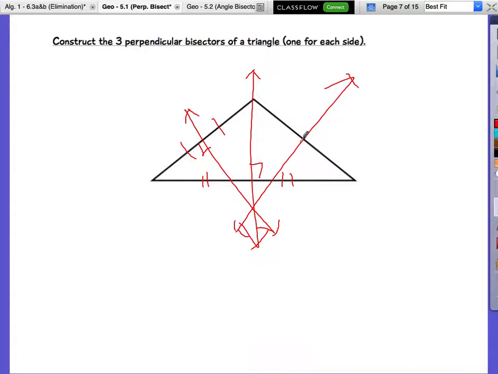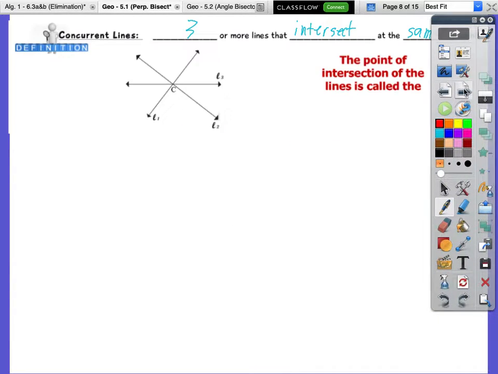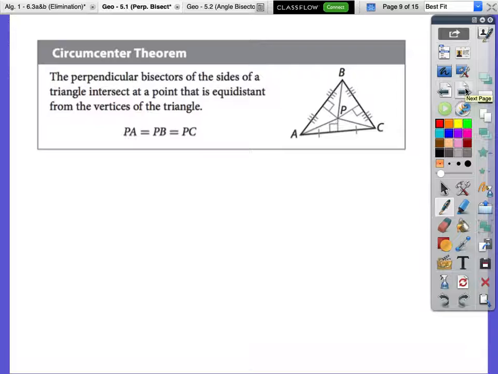When they all go through the same point, which they always will when we make the 3 perpendicular bisectors of a triangle, 1 perpendicular bisector for each side of the triangle, this point where they intersect, the point of concurrency for the perpendicular bisectors, has a special name, and that special name is the circumcenter.